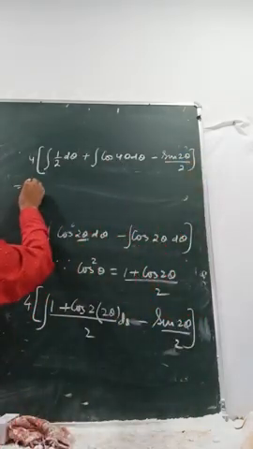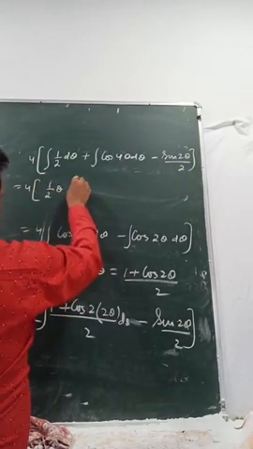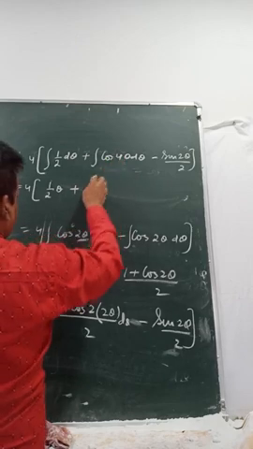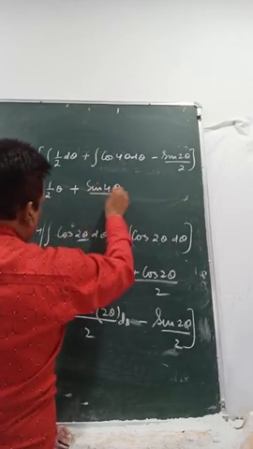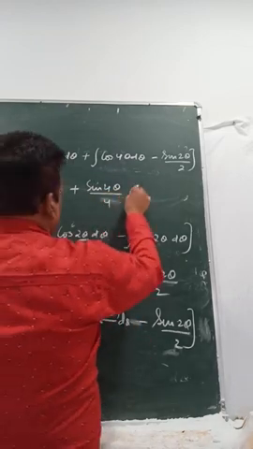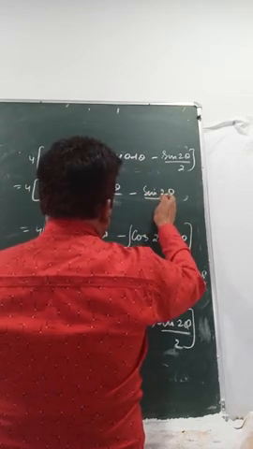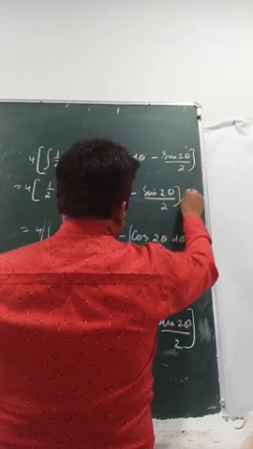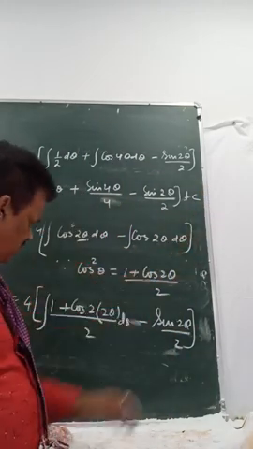So 4 half theta plus cos 4 theta is sin 4 theta by 2 by 4, minus sin 2 theta by 2, plus a constant. Okay, let's get this 4 inside.